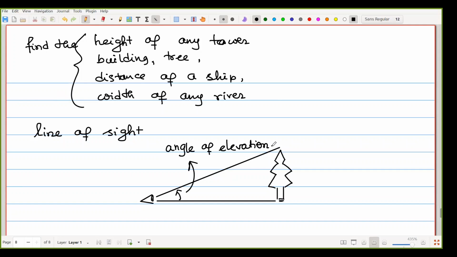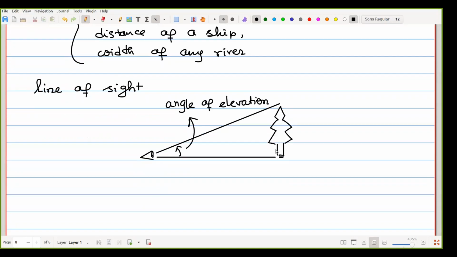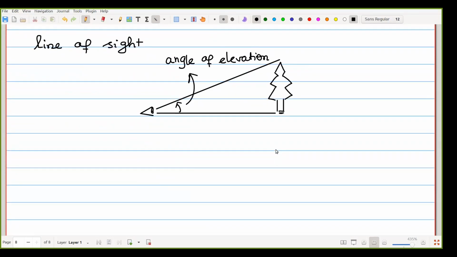Same as, suppose something is below our eye level or horizontal level, that is our horizontal level. Suppose some ball is there, so we have to view in a lower direction.